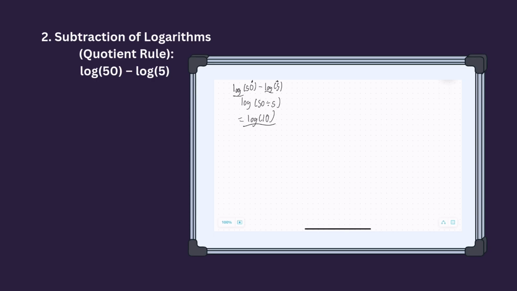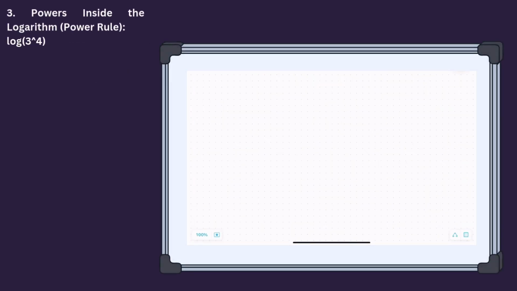Now we have here our third example under the laws of logarithms, which is about the powers inside the logarithm, or the power rule. So our equation is log of 3 raised to the power of 4, which equates to 4 times log 3. Now, I know some of you might be surprised how come this is our final answer.